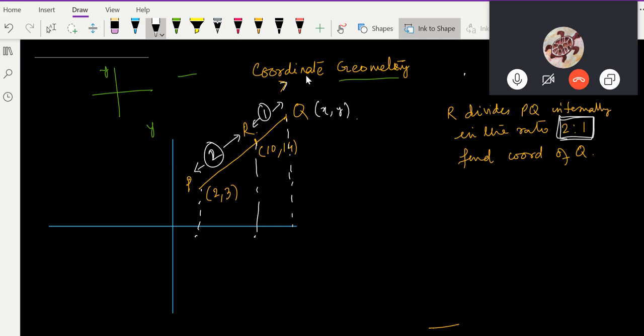This is 2, this is 10 and this is x. We know PT by RS is equal to PQ by QR.